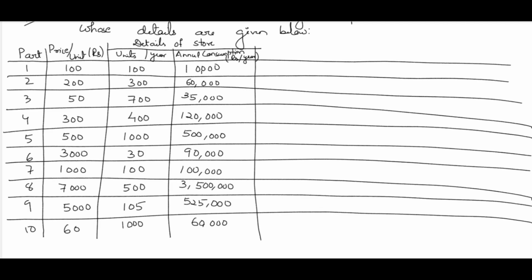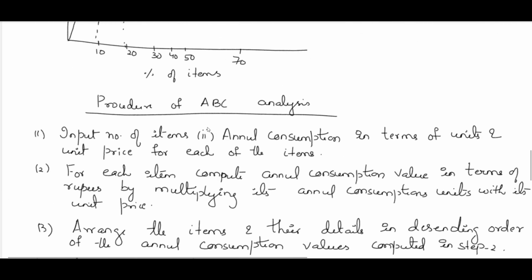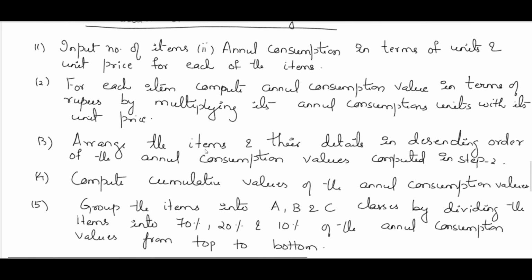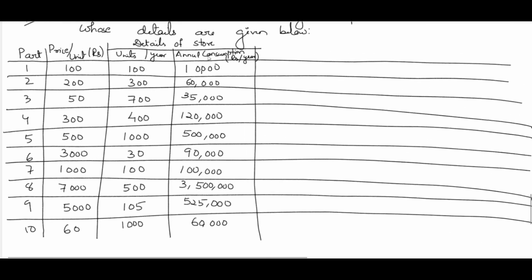So that's it. Now I have done the computation for all. Next I have to add another column. Third step is that arrange the items and the details in descending order of the annual consumption values. So we can see in this case the highest amount goes to part number 8, that is 3,50,000, and the least one is part 1, it is 10,000.